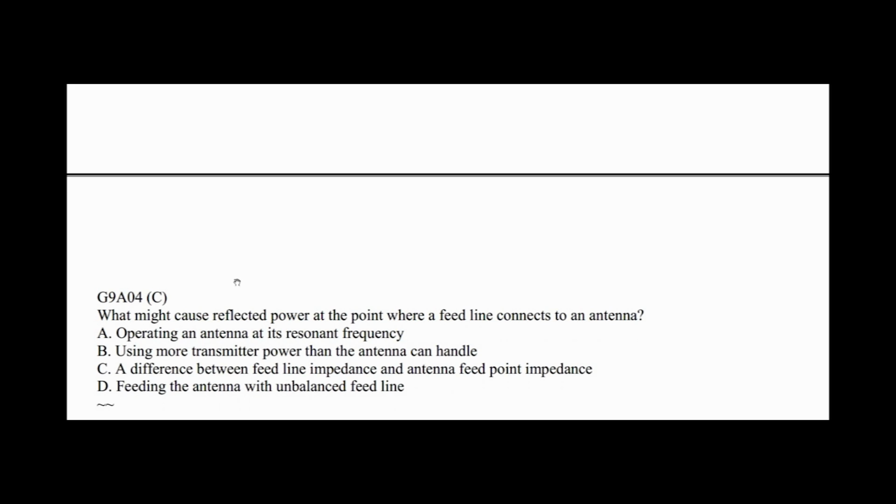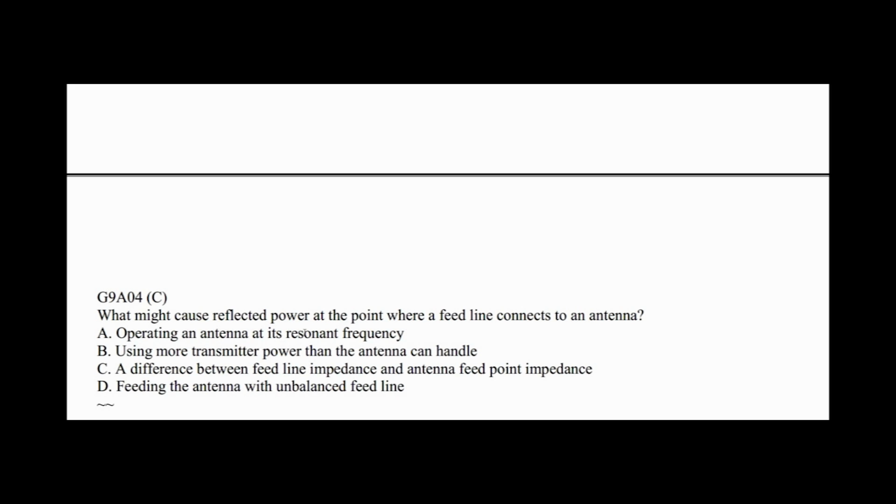G9A04. What might cause reflected power at the point where the feed line connects to the antenna? The answer that makes sense here is the feed line has one impedance and the antenna has another. There's a mismatch. Let's go through the other ones.